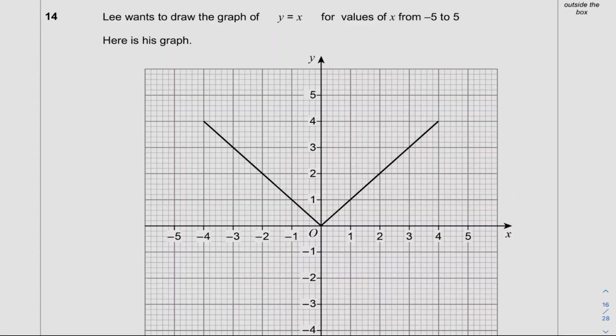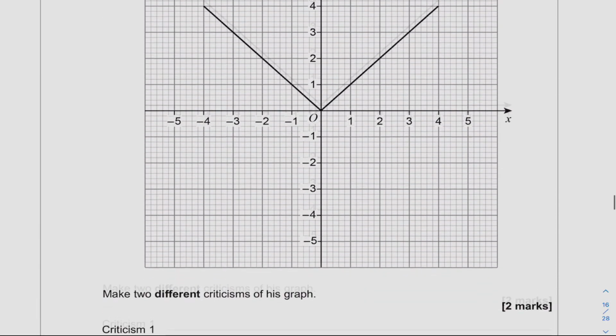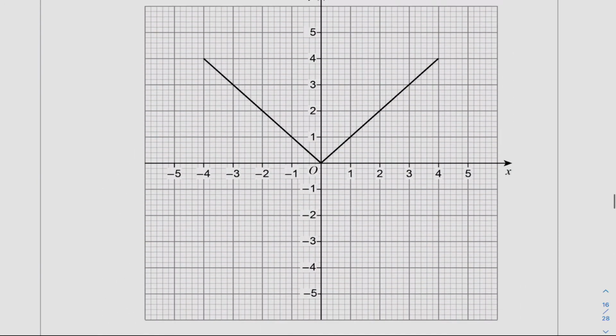Question 14, we are told that Lee wants to draw the graph of y equals x for the x values of -5 to 5, and we are shown the graph that he's drawn. We need to make 2 different criticisms of his graph. First, we can see he's gone to the points 4 and -4 on the x axis.